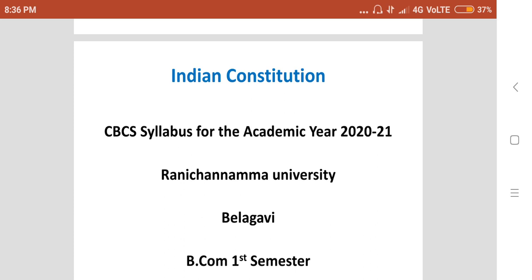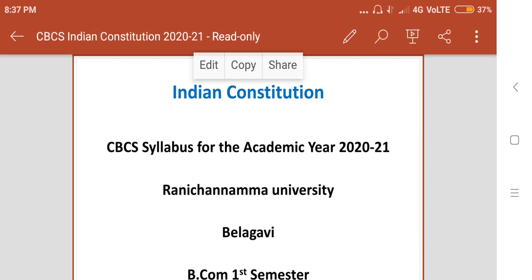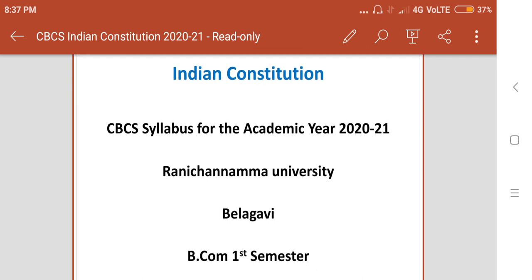Due to the corona deadly virus, the university has advised all the colleges under Rani Channamma University to start online classes for the undergraduate students.